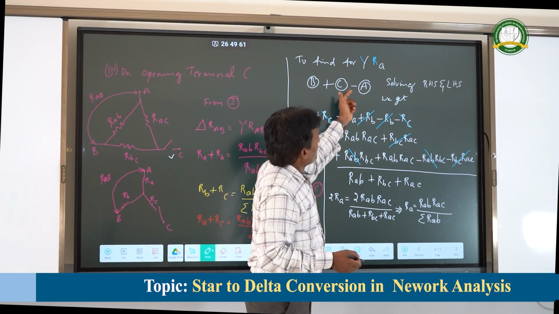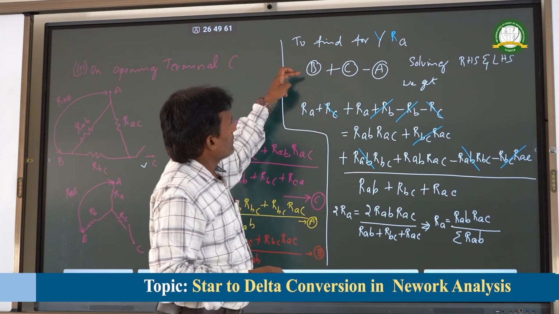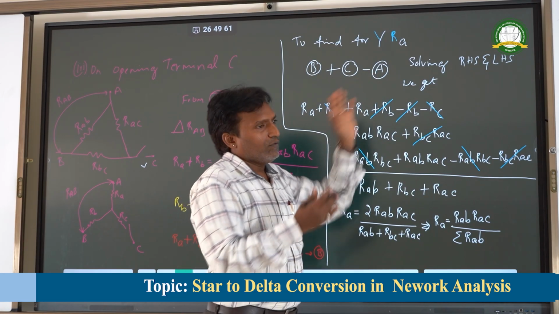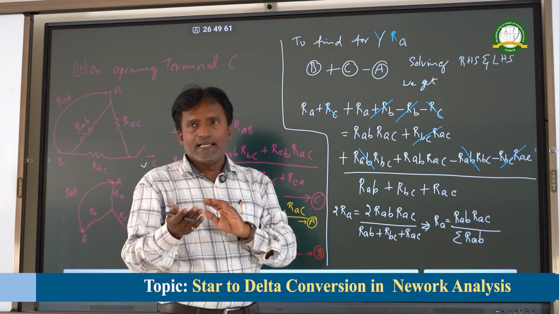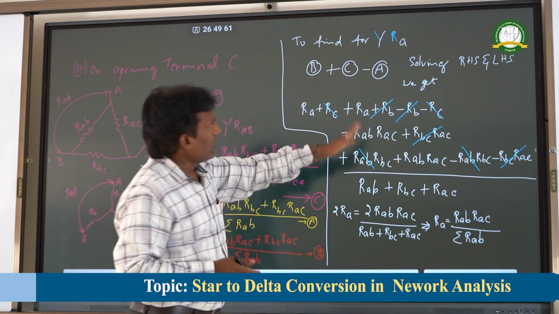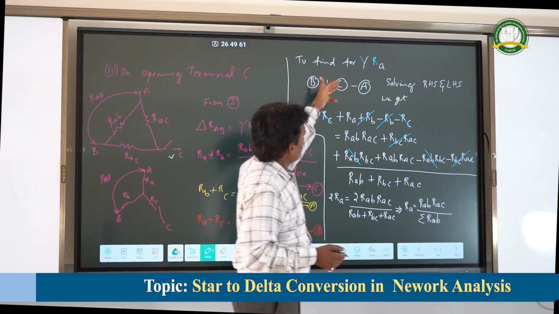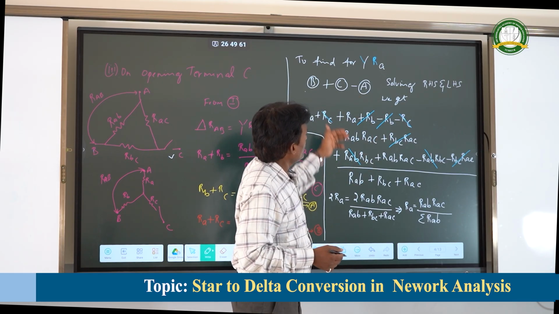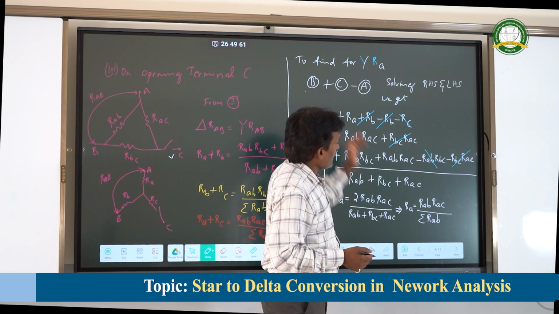So here, minus A means we can solve for RA. I have substituted equation B, equation C, and equation A. I calculated both RHS as well as LHS. On solving RHS and LHS, this is what I got. From RHS, I substituted equation B RHS, equation C RHS, and minus of equation A RHS, which is equal to equation B LHS, equation C LHS, and equation A LHS.